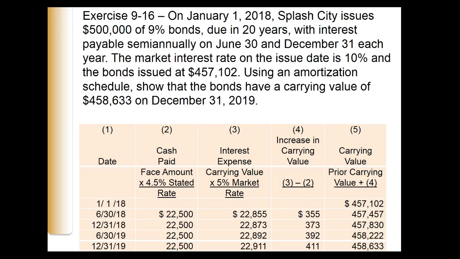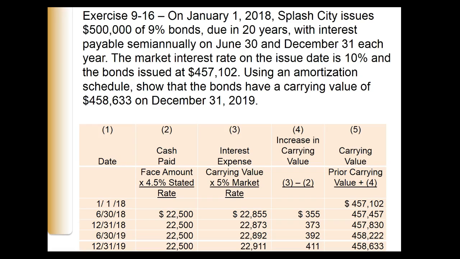The interest expense will be your carrying value times the market rate. The $457,102 times the market rate of 10%, which semi-annually is 5%, is $22,855 for June 30th. The difference, the increase in carrying value of $355, is the difference between the cash paid and the interest expense. That increase gets added to the carrying value for a new carrying balance of $457,457.